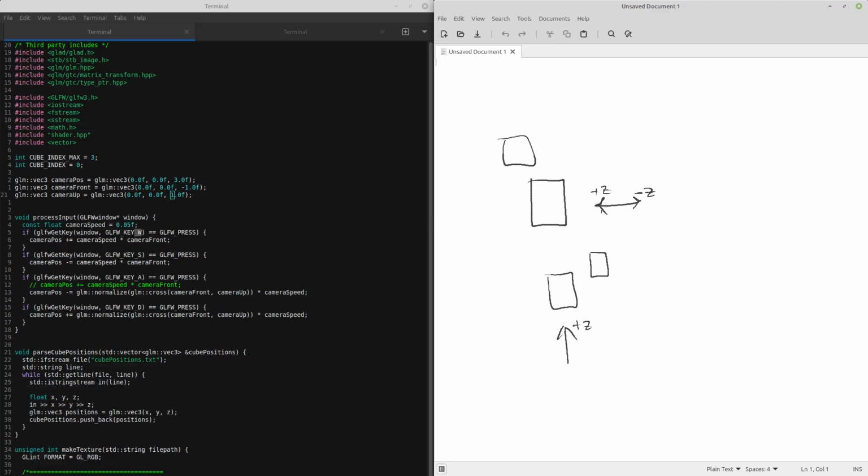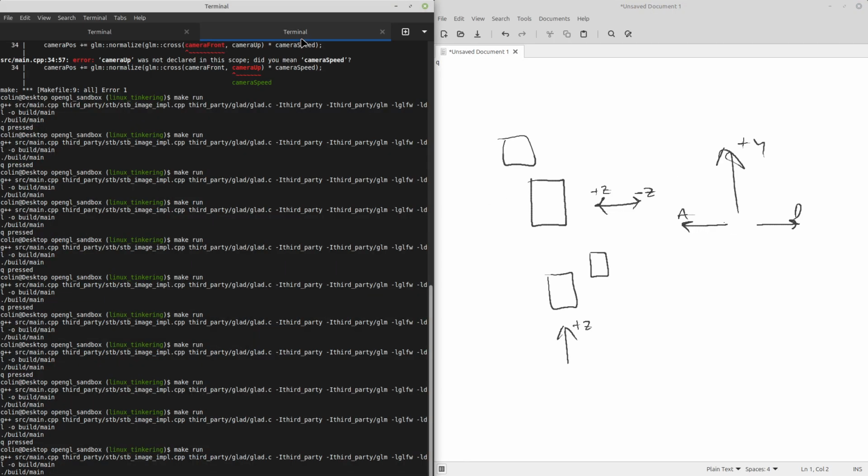The camera's up this way, which means when our Y is up, then our A key moves us this way, and the D key moves us this way. Does W move us forward or back, or what axis is that moving?